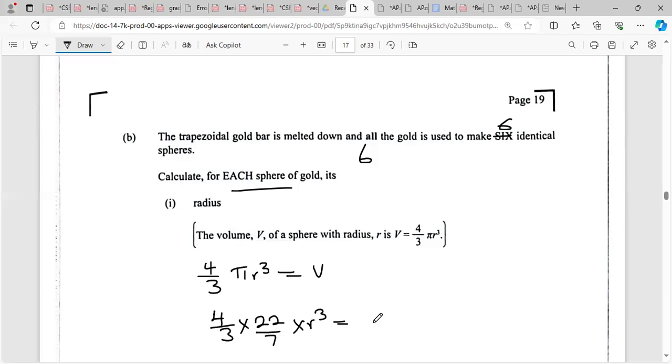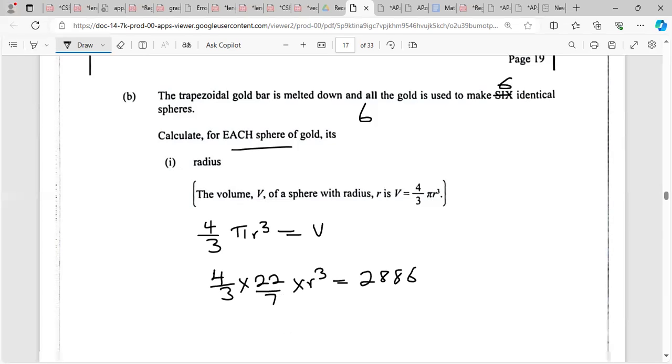And this was supposed to be 2886. Alright, let's see if we can transpose now. So r cubed is equal to 2886 times whatever I divide over, so it's divided by the 3 and the 7, and then we divide by whatever is over top.